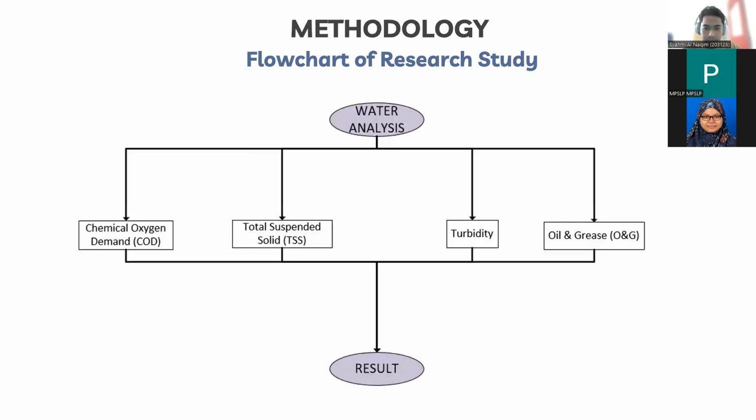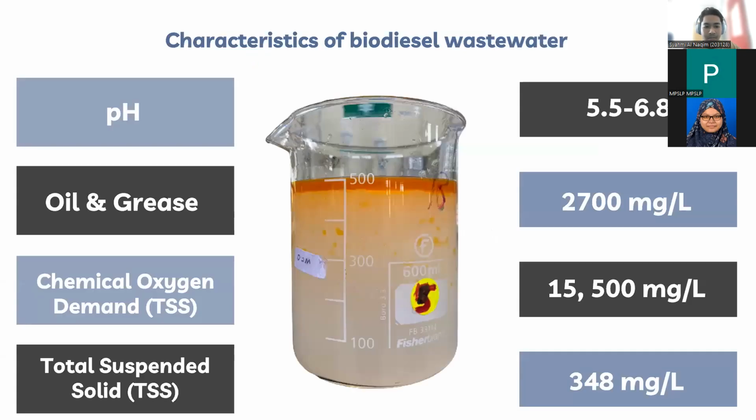Okay. And next, for the water analysis, since this biodiesel water is an oily biodiesel water, I will focus more on the COD, TSS, oil and grease, and turbidity. Okay. So this is the characteristic of the biodiesel water. The pH is in the range of 5.5 to 6.8, which is acidic condition.